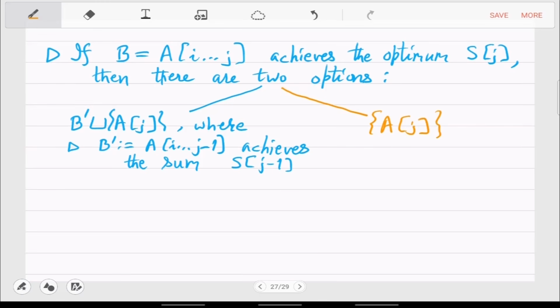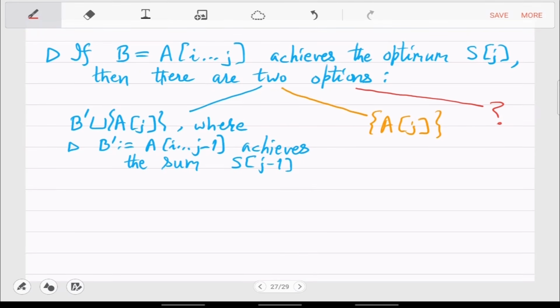Is there a third option? When you were at j minus 1, was there a third option? At least in the example, you did not see anything else.